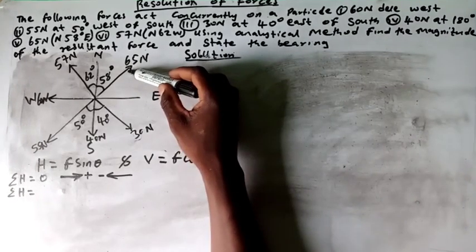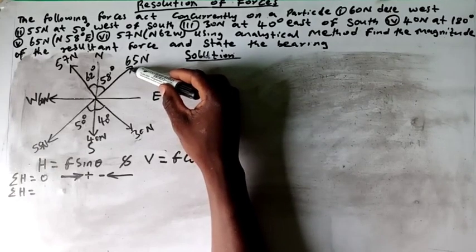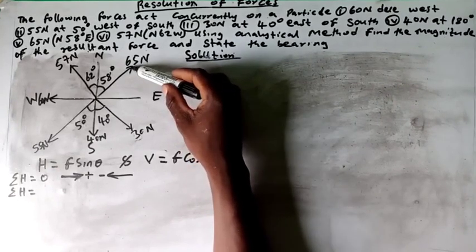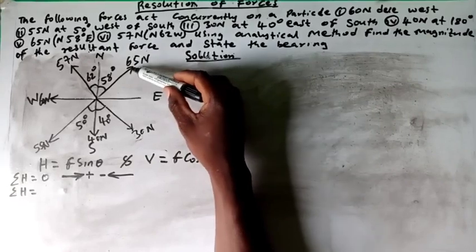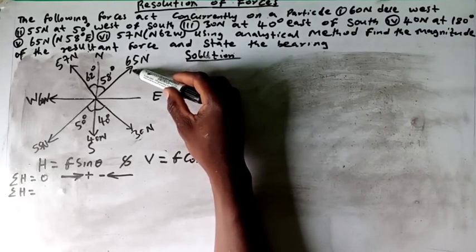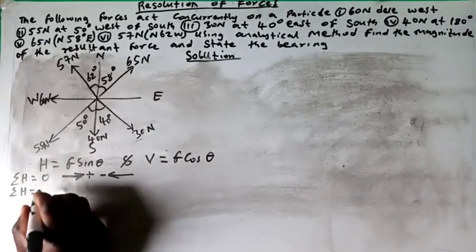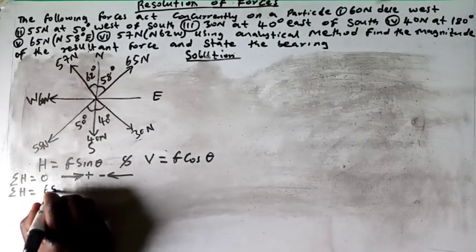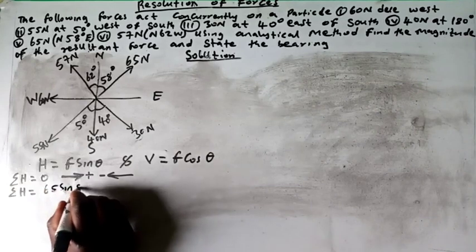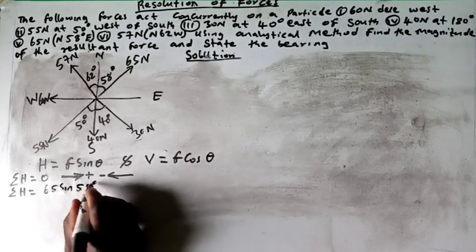For this 65 Newton, if we close this angle by dragging this force down, the arrow points towards the positive direction. Therefore, the force is positive. So we have 65 sine 58 degrees.